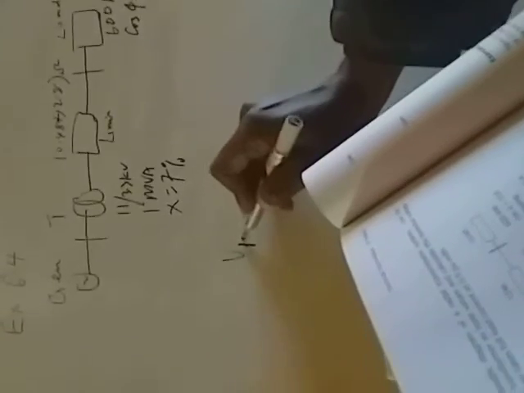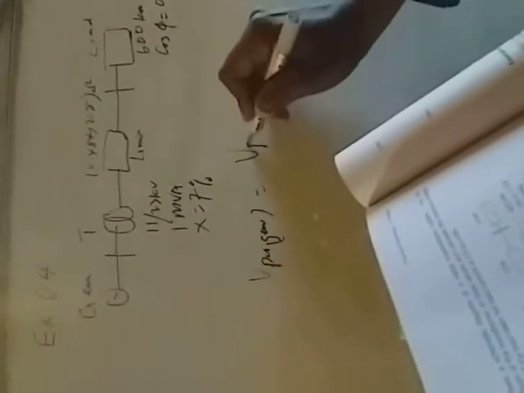If you know the V per unit here, it will be equal to the V per unit here plus V per unit here plus V per unit here. That means the V per unit of the generator is equal to the V per unit of the transformer plus V per unit of the line plus V per unit of the load.